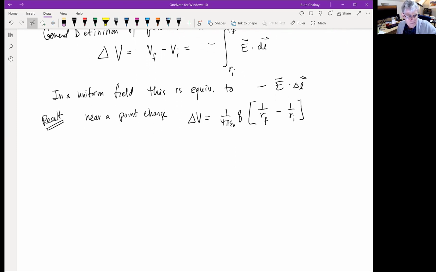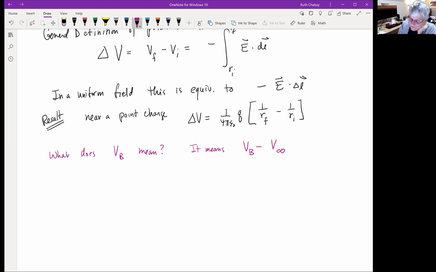Okay. So what does potential at a point mean? What it really means is V sub b minus the potential at infinity.